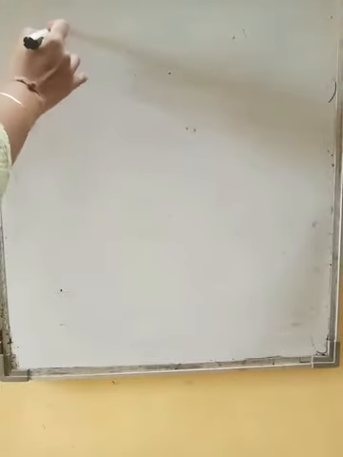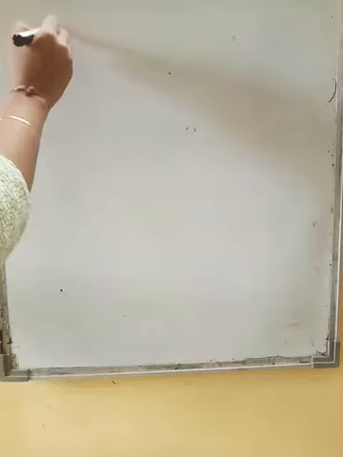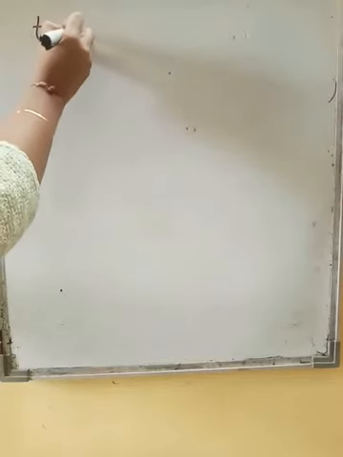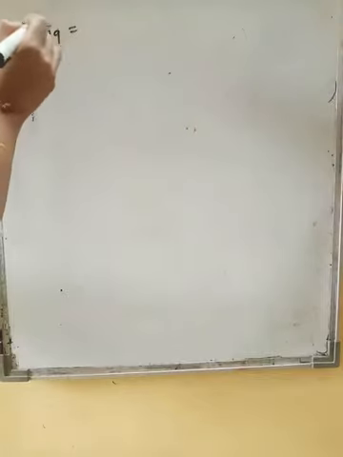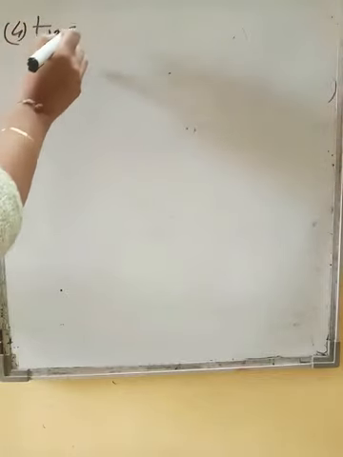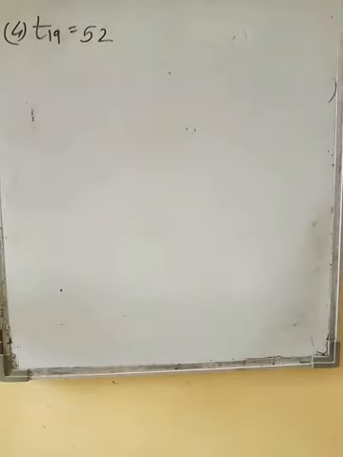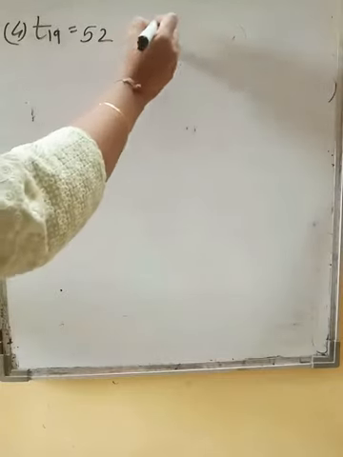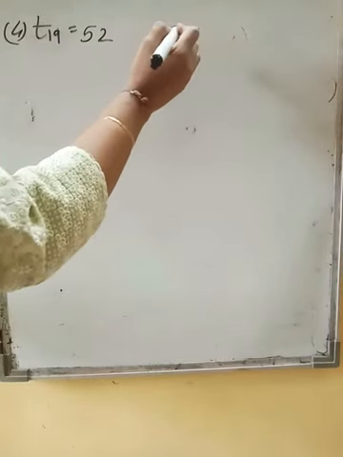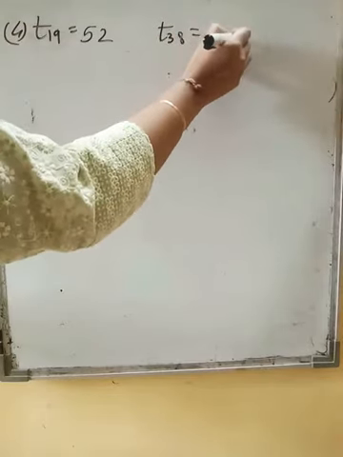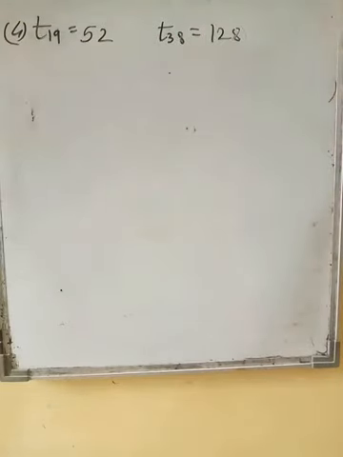So now further we have the 19th term of an AP. The 19th term of an AP is T19. So T19 is given as 52, and the 38th term, so T38, the answer is 128. Find the sum of first 56 terms.